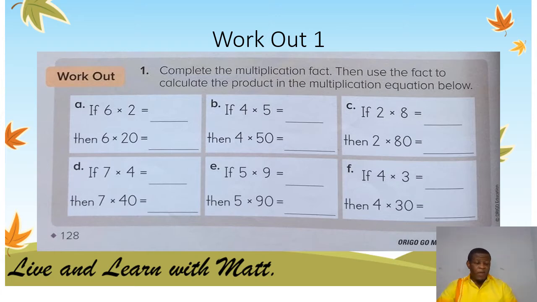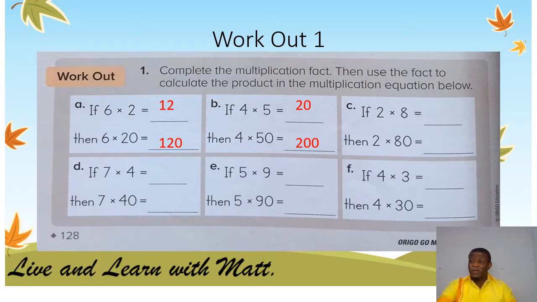Part A. If 6 times 2 equals 12, then 6 times 20 will be equal to 120. Part B. If 4 times 5 equals 20, therefore 4 times 50 will be equal to 200.